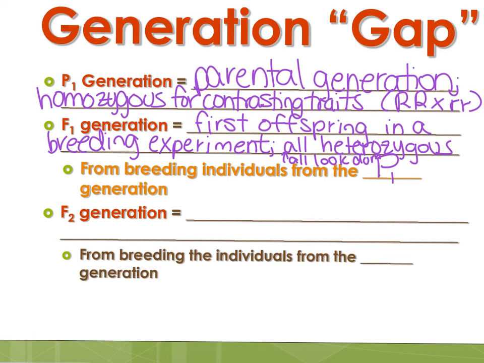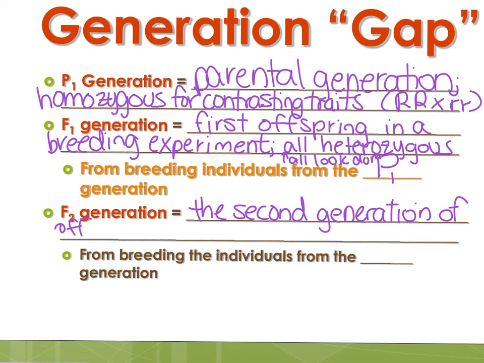What's the F2 generation? So the second generation offspring. And this comes from breeding the F1 individuals.